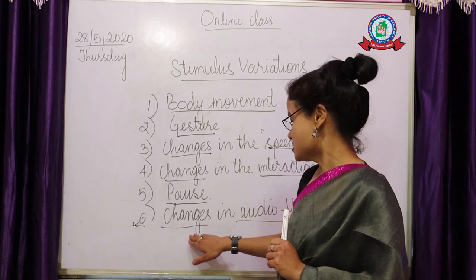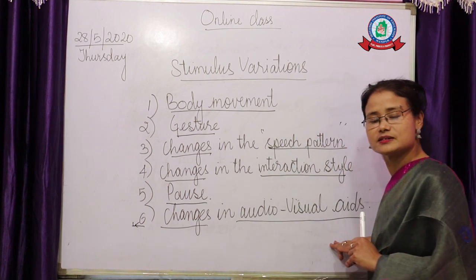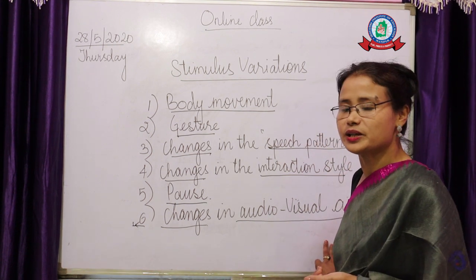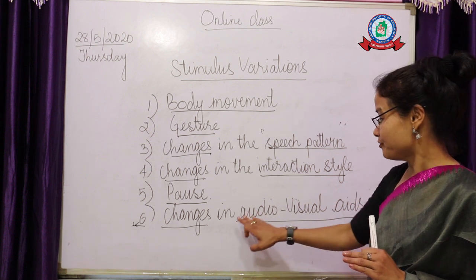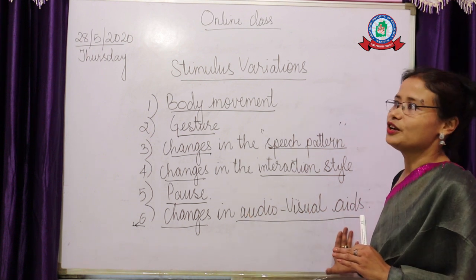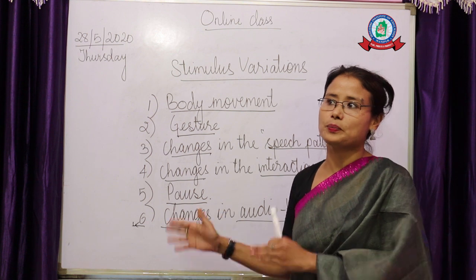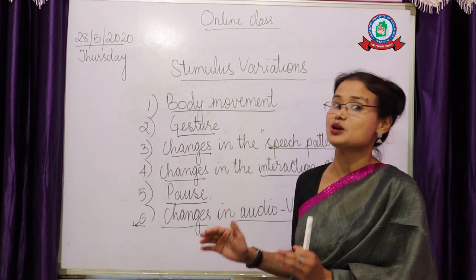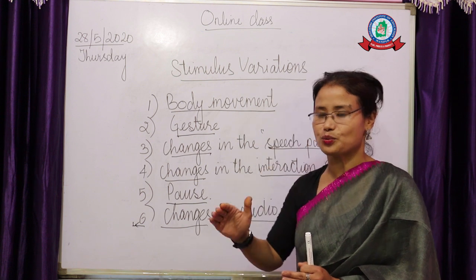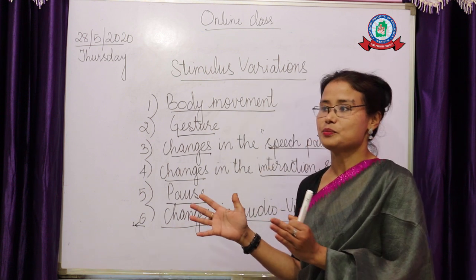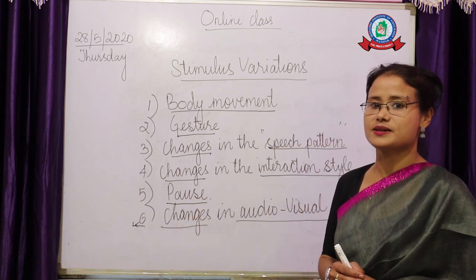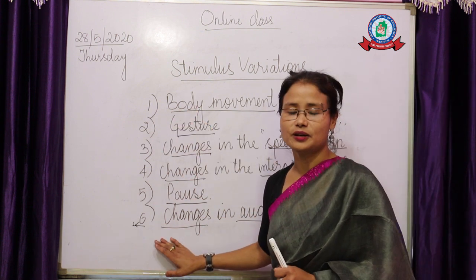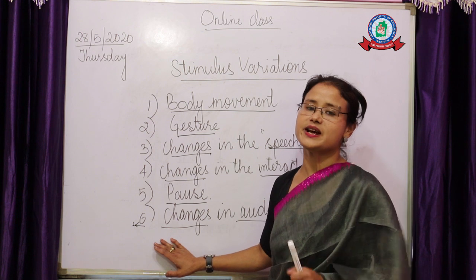So these changes in audio-visual aids we have to have in our mind, because we have audio, we have visual aids, but having these two aids in their own proper manner is not enough. We have to know that changes between these two are also required, right? So these 6 stimuli will help us to a great extent.